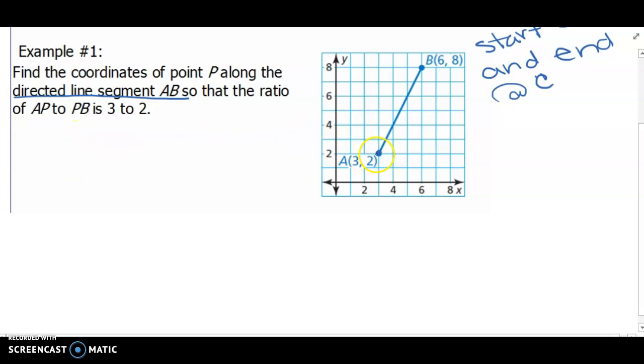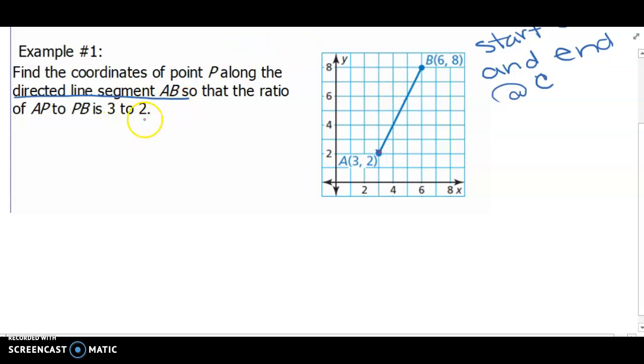Basically what I want to do is cut this into a 3:2 ratio. So starting at A, this would be a 3, this would be 2. Now a lot of you want to do the distance formula. Distance formula didn't help here, because all that would do is give you the distance if you cut it into 3:2 pieces.